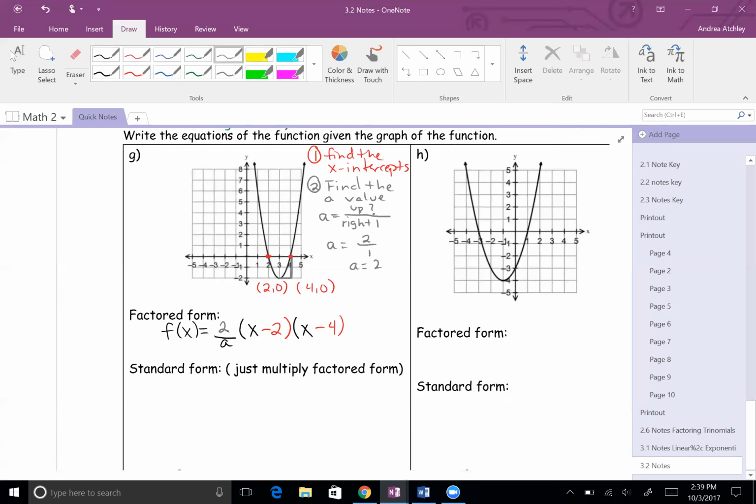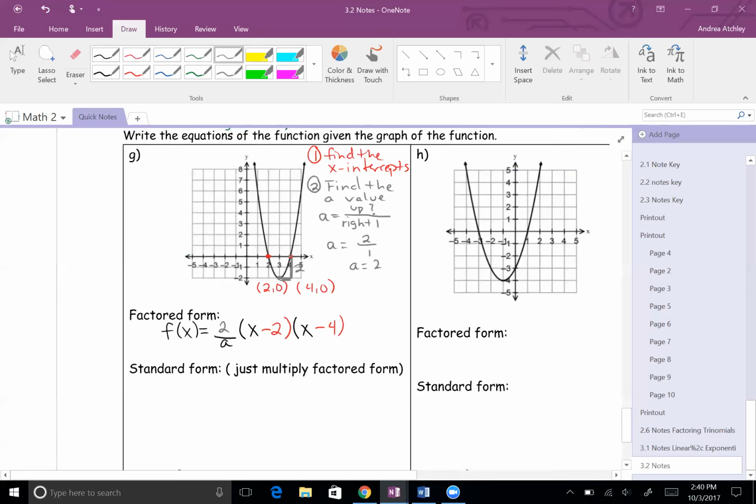Yes. Where were you coming from? So I started at the vertex. And I moved to the right 1. It's always to the right 1. And then how far up did I have to move to get to the next point? 2. So my A value is 2. Any questions over that?